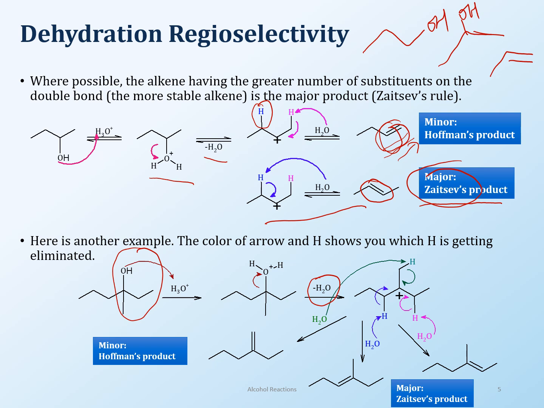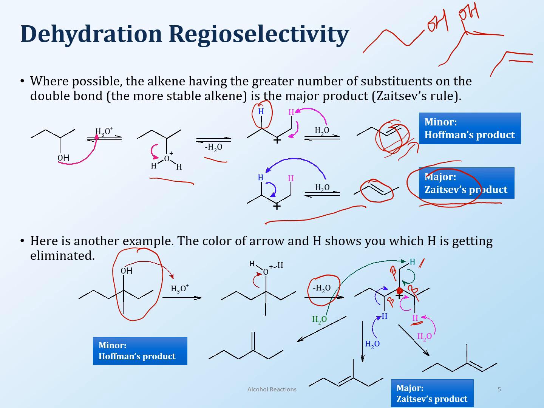Here is a pink proton, that's one beta proton. Then there's a green one. Remember, this is the carbocation right here, so this is a beta carbon, this is a beta carbon, and here is a beta carbon. Any hydrogen attached to a beta carbon is a beta proton, and that's the one that is able to go. So pink, green, and blue.